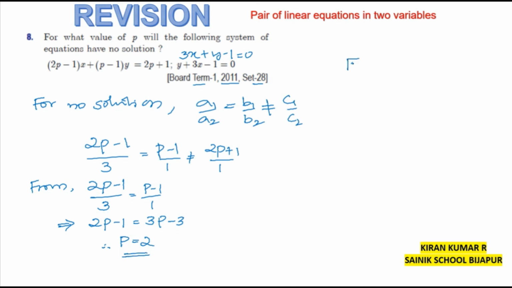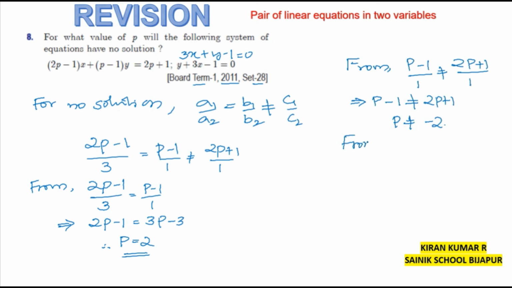Now I'll consider p minus 1 divided by 1 not equal to 2p plus 1 divided by 1. Now if you cross multiply, you will be getting p minus 1 not equal to 2p plus 1. Now if you transpose, we will be getting p as not equal to negative 2.